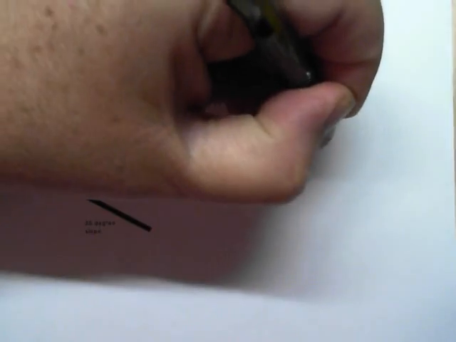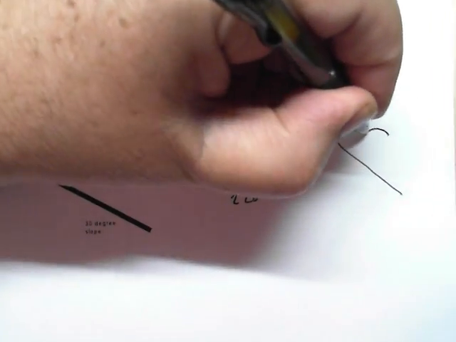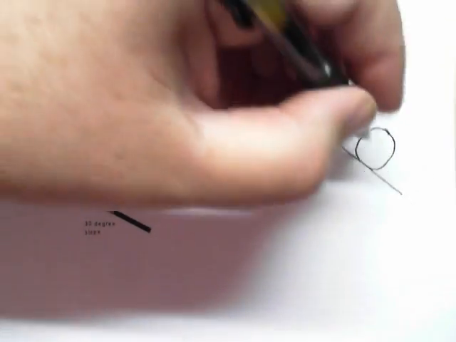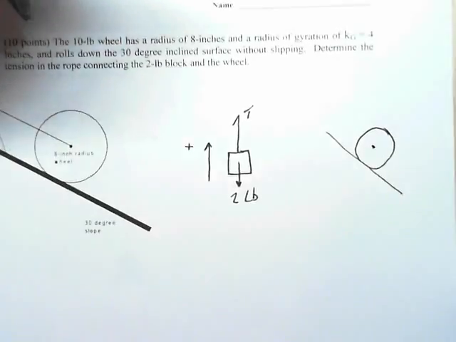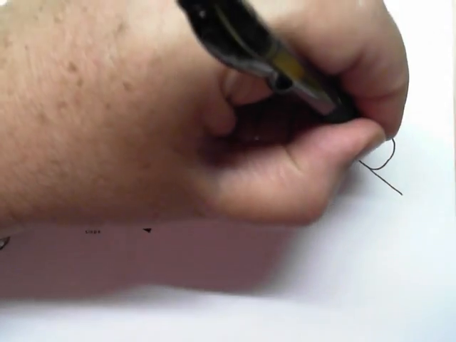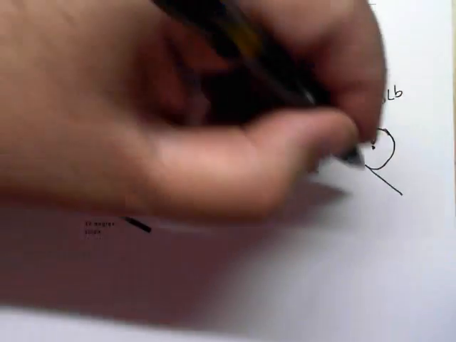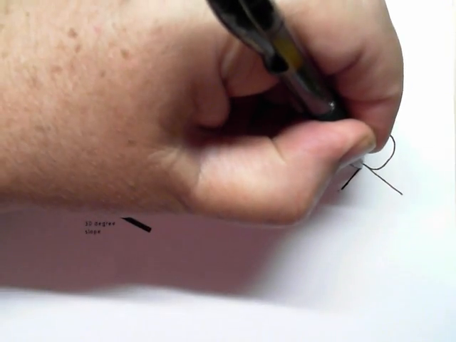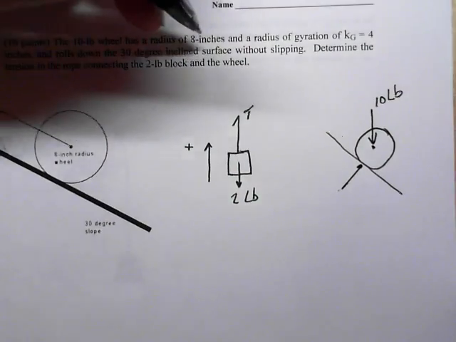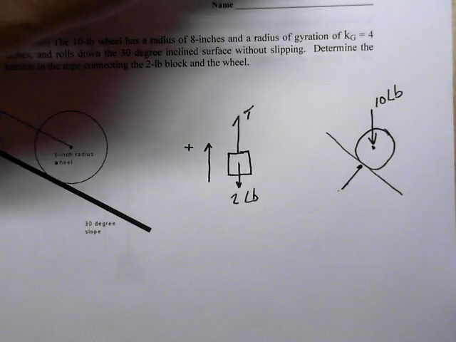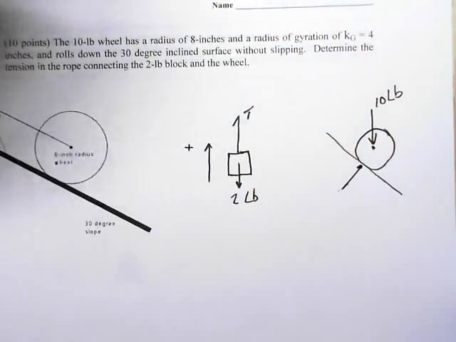And then for the wheel, we have the wheel heading down the slope, and we have gravity in the quantity of 10 pounds acting that way. We would have a normal force. Let's see, rolls without slipping. So in fact, we probably don't care about the size of the normal force.